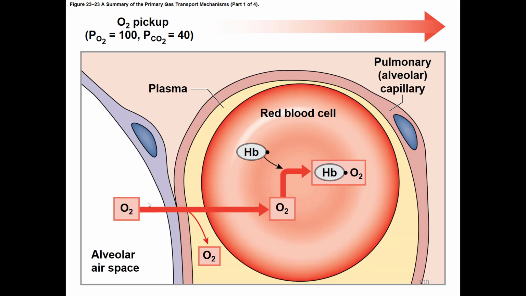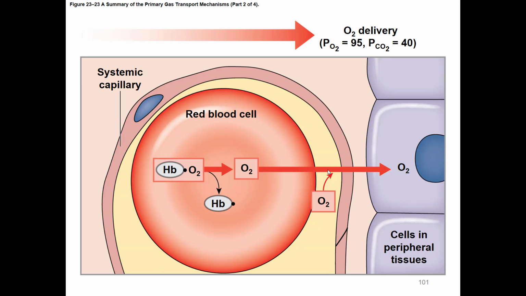We breathe in, oxygen is high in the alveolus, low in the red blood cell, so oxygen diffuses right onto the red blood cell and binds to hemoglobin. Hemoglobin will carry that oxygen to the tissues. Here they are over here. And the oxygen, because it's high in the blood, low in the tissues, will diffuse right into the tissues, making them very, very happy.